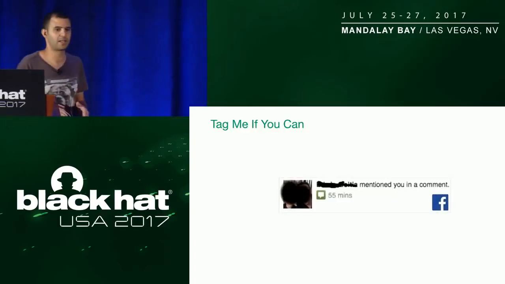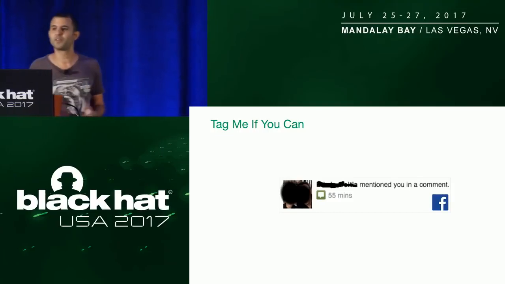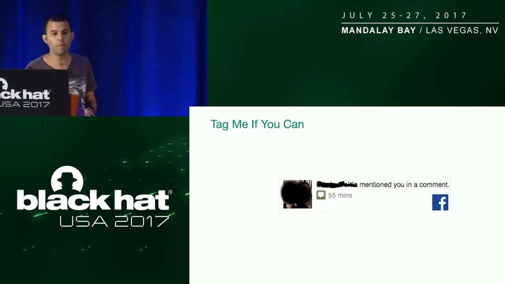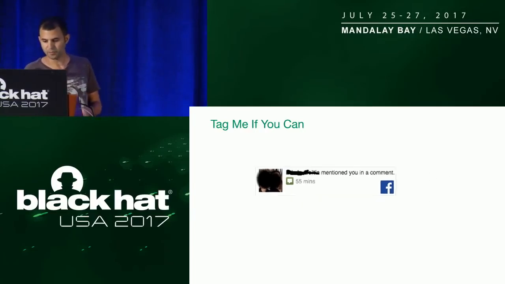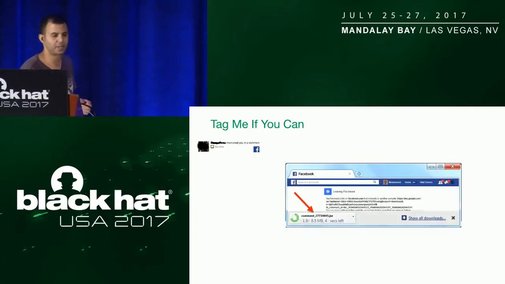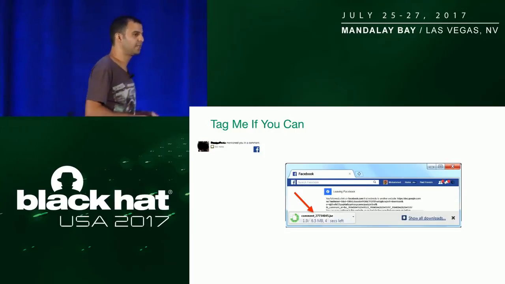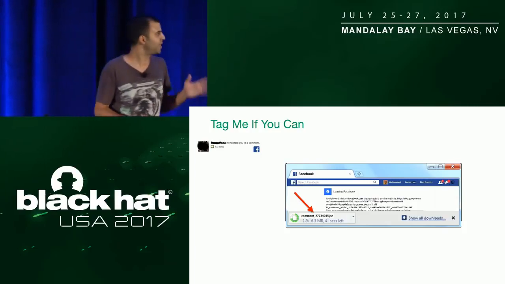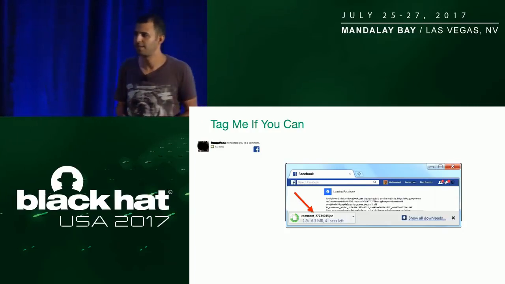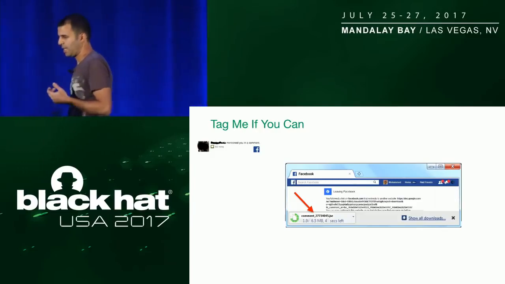So the first thing that the victim sees is a notification on Facebook that a friend of his has tagged him in a comment. Upon clicking this comment, after a short Facebook warning that you are leaving Facebook, a JSE file is immediately downloaded to the victim's browser. Now, a JSE file acts as an executable on all Windows machines.